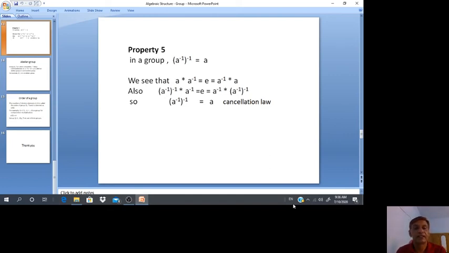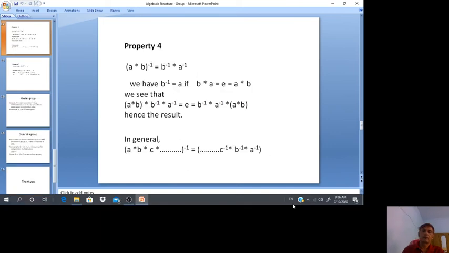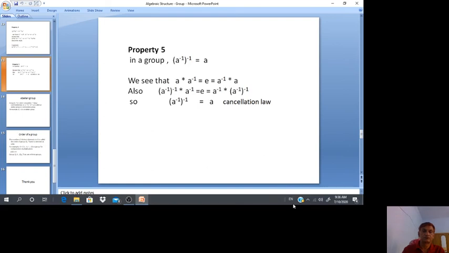Let us take another property, that is (a⁻¹)⁻¹ is a. Again, by definition, we know that if b is the inverse of a, then b * a is e and a * b is e. So we have to show that (a⁻¹)⁻¹ is a. Therefore, a * a⁻¹ is e by definition, and a⁻¹ * a is also e.